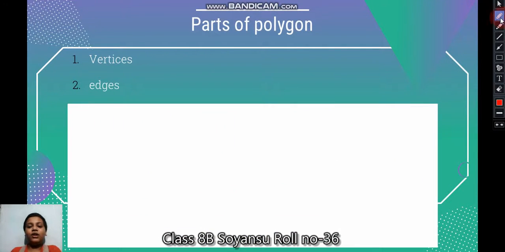Parts of polygons. First are vertices and edges. We will look at these with the help of a diagram. First we will take a triangle. These are the vertices that I am highlighting, the points that I have highlighted with the yellow color.